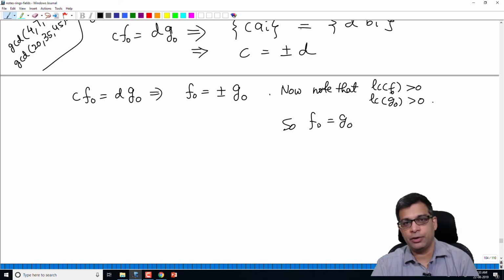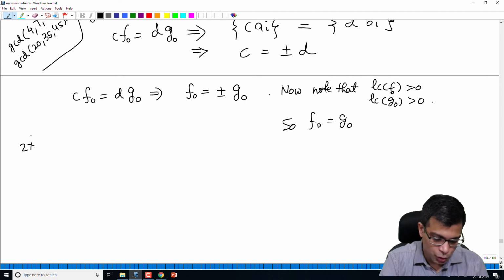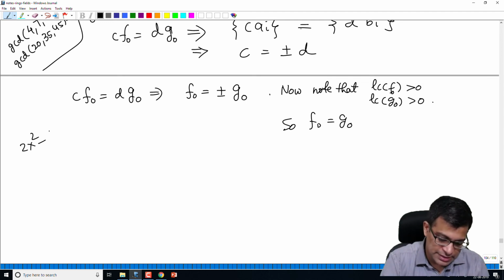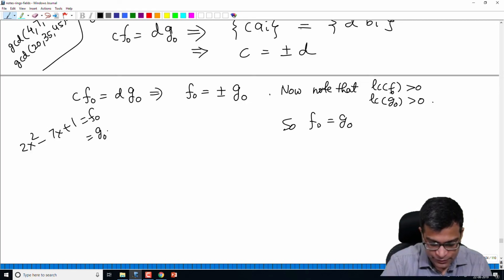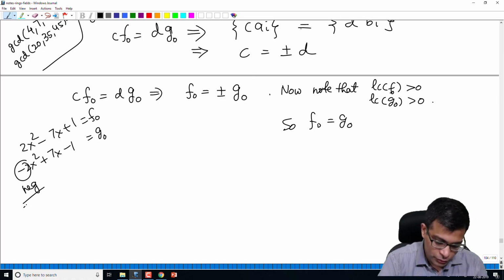They can't be negatives of each other, right? Because if F0 is minus G0 and F0 has positive leading coefficient, then the leading coefficient of G0 has to be negative. Because if 2x squared minus 7x plus 1 is F0 and G0 is minus F0, it will be minus 2x squared plus 7x minus 1. But then the leading coefficient is negative, which it cannot be.